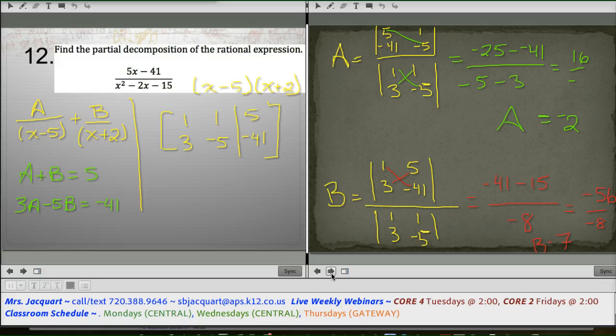So B equals 7. I did a little better job of keeping track of my stuff. So A was negative 2, B is 7. So then negative 2 over x minus 5 plus 7 over x plus 3. There's your answer.